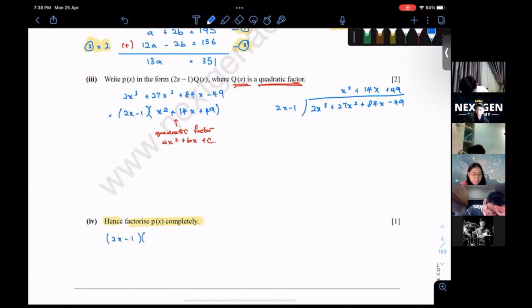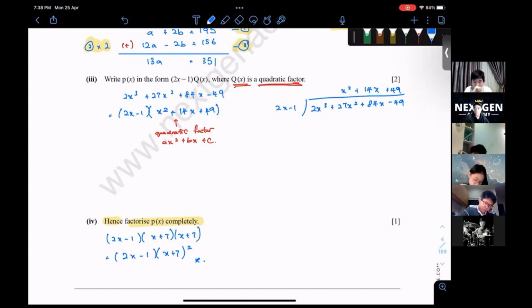You will get x plus 7 and x plus 7. Write it as (x plus 7) squared. This is how you write it. Good, all good.